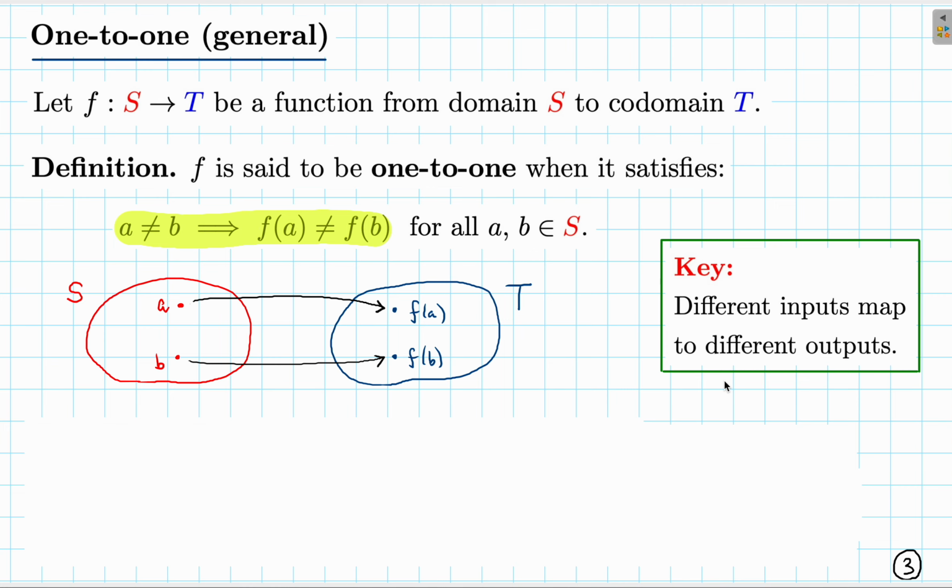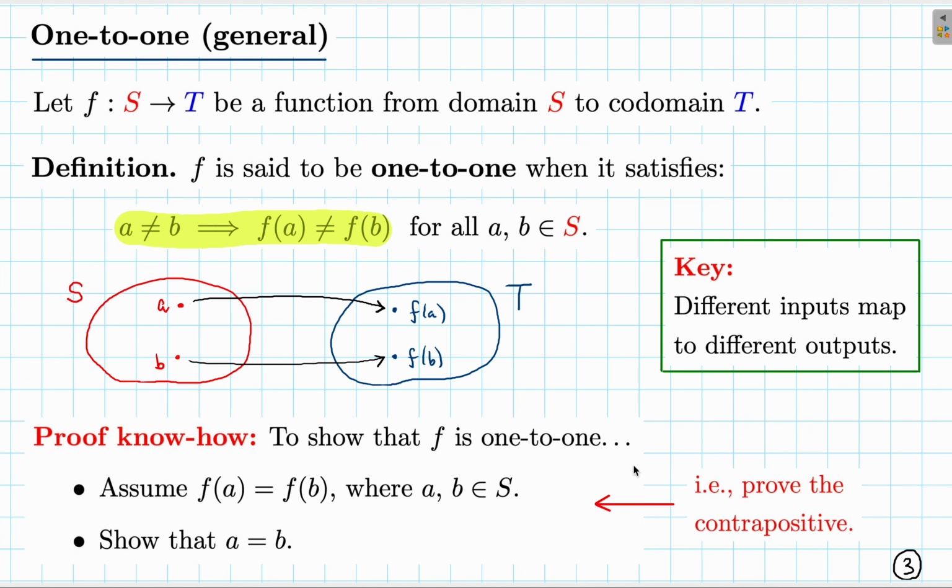So if we're going to prove that a function f is one-to-one, here are the steps that we typically take. We first assume that f of a equals f of b, where a and b are in the domain S, and then we show that a equals b. This is essentially proving the contrapositive of our definition.